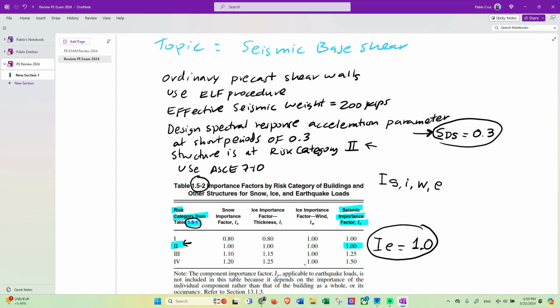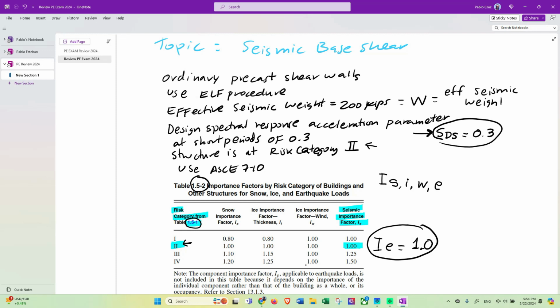So we have SDS 0.3, we have earthquake importance factor equal to 1, and then we have the effective seismic weight of 200 kips, and that effective value is what we call W, the effective seismic weight.